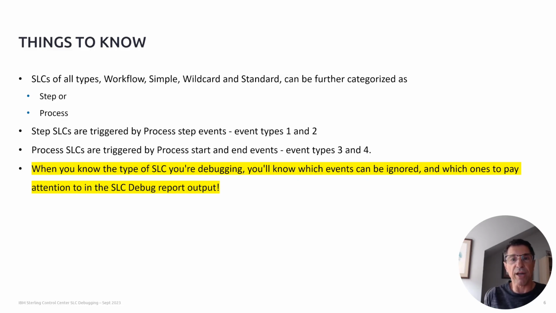Whereas the process SLCs or process milestones, you'll only pay attention to the process start and process end events. And the fewer events you have to pay attention to in your debug report, the faster, the more efficient you'll be at coming to conclusions as to what went wrong.